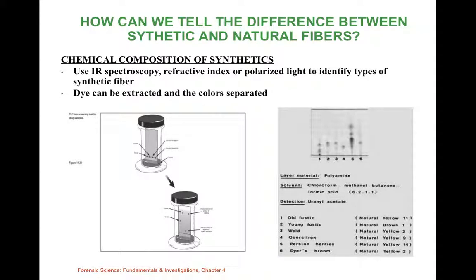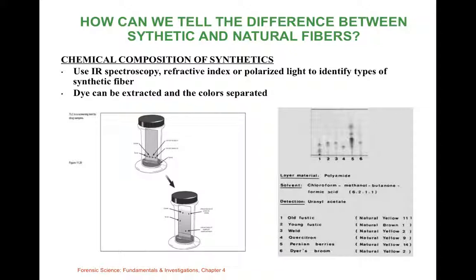If you take a look below on the left-hand side, you will see that there's a fiber sample, okay, and what's happening is that the dyes are moving up and they are separating themselves on the litmus paper, okay?